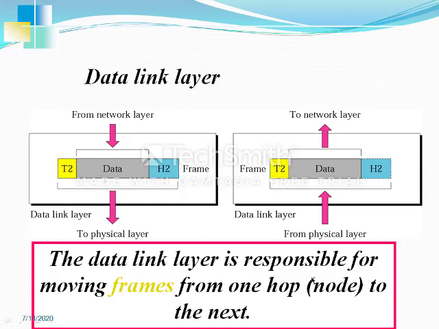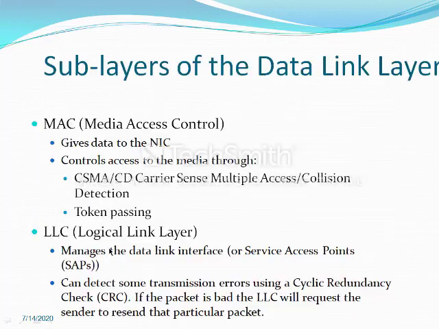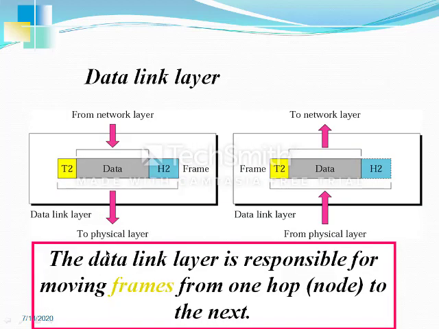The data link layer is responsible for moving frames from one node to the next node. So from physical layer to data link layer to network layer, like that. The frame is at the end.